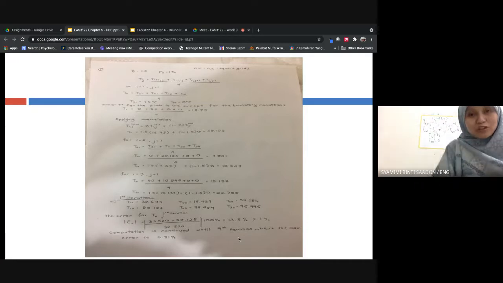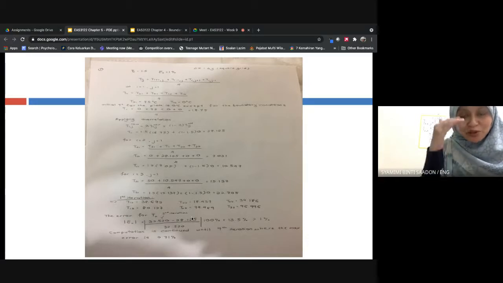So we have to continue the calculation for the next iteration. This type of problem, the computation continues until the 9th iteration, where we achieve an error epsilon less than 1%, which is 0.71%. It takes a long time to calculate manually, so I just calculate until the second iteration, just to show you the steps.